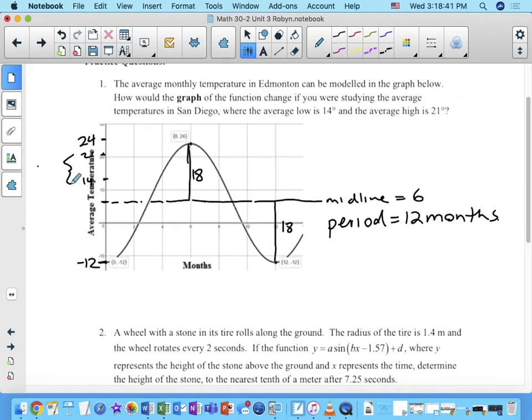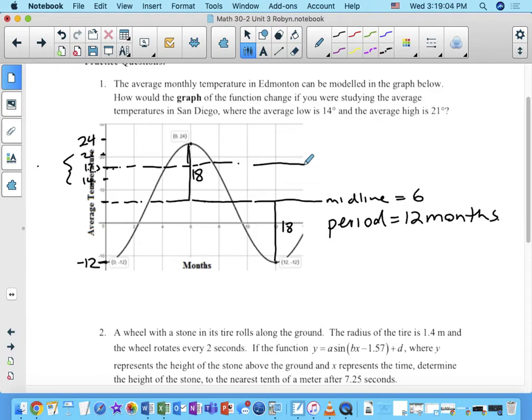How much do those differ by? 7. So half of 7 is like 3.5, right? So 3.5 up from 14 would be 17.5. So this is now going to be the average. And it's going to go up to 21 and down to 14.